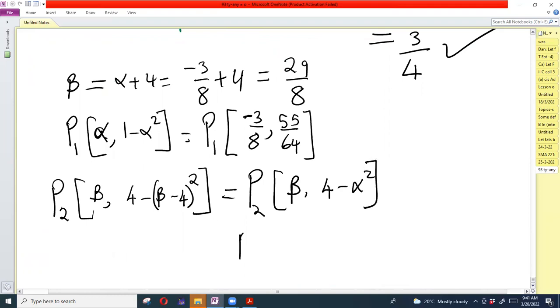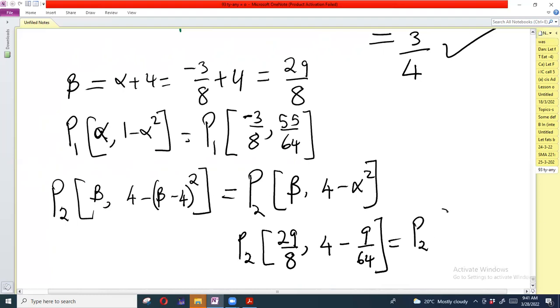So P2 is 29/8, comma, 4 minus the square of alpha, which is 9/64. So 4 minus 9/64. So P2 has coordinates 29/8, and then 247/64.